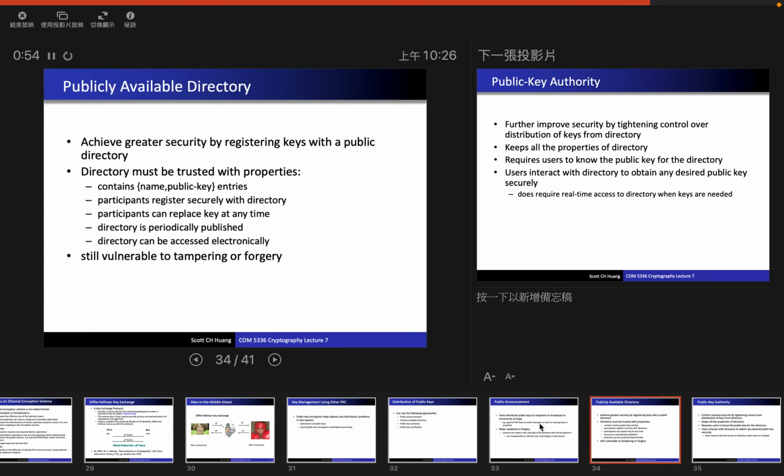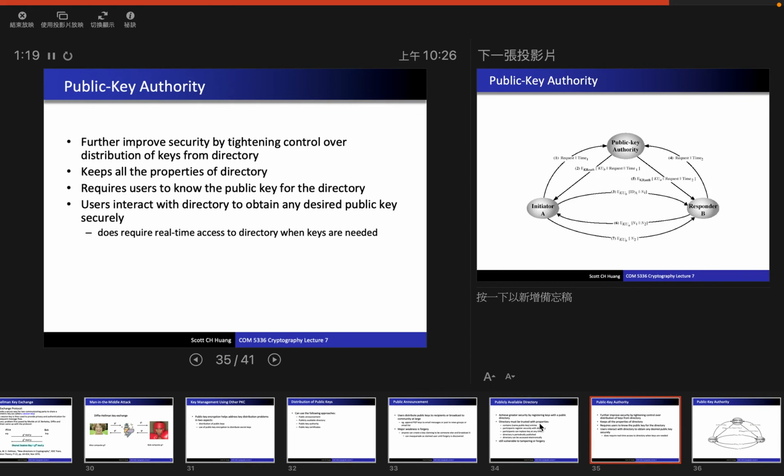Publicly available directory: it depends on the directory, but generally speaking, such directories are vulnerable. They can be written by many people, and there is probably no good mechanism to restrict the read-write operations. So it's vulnerable to tampering or forgery.